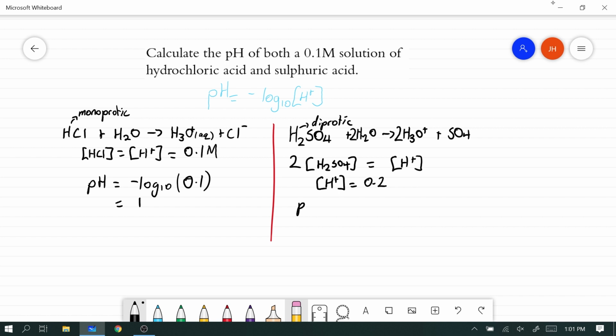We can then put this concentration into our pH equation, and that yields an answer of 0.7, and that's correct to 1 decimal place.